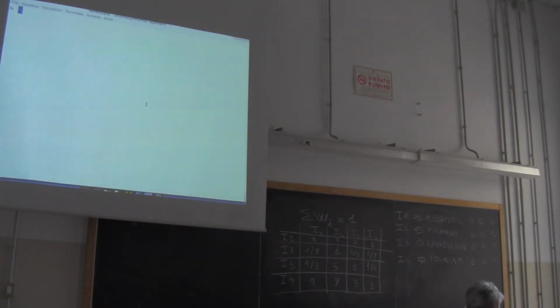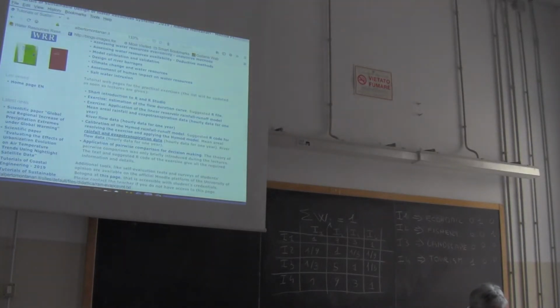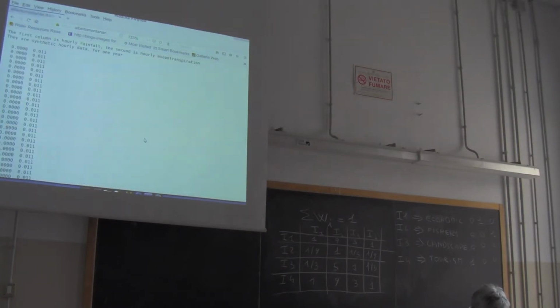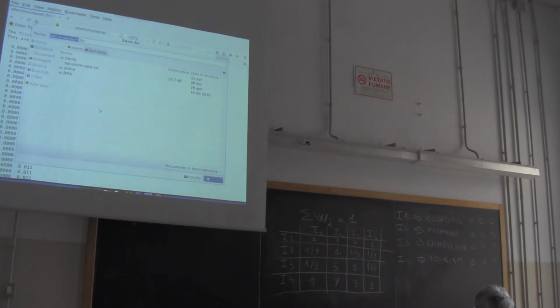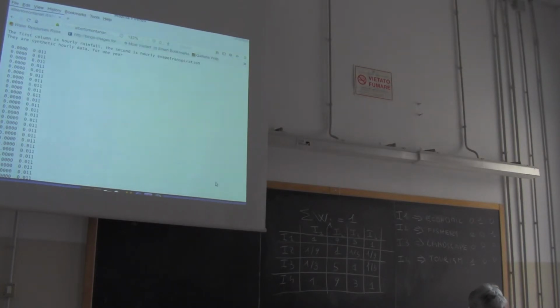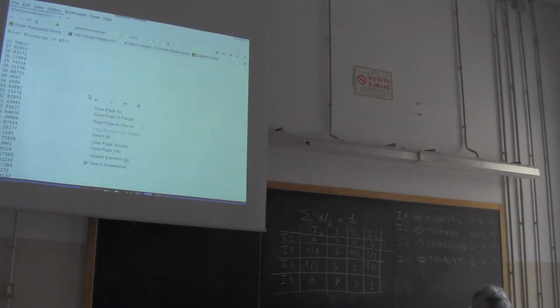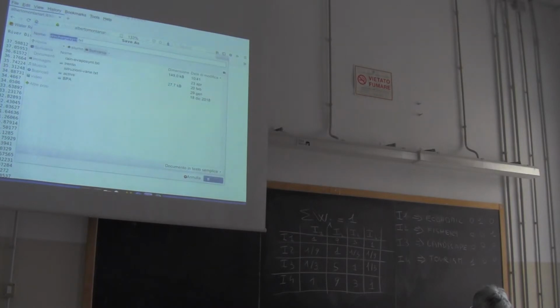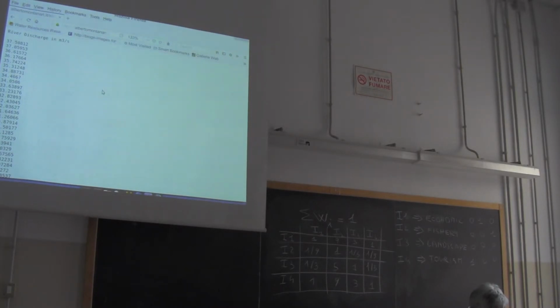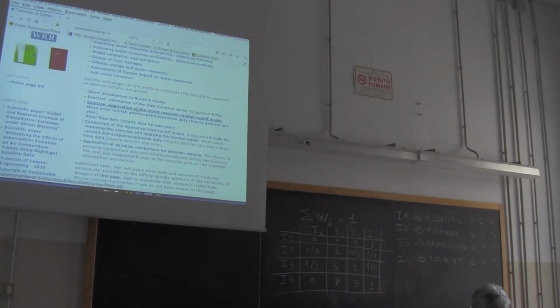No, I have to download the data, just 1 second. So let me download the data, which is rainfall and evapotranspiration data, okay? And the saved page is here. This is downloaded. Perfect. Now I am ready to go back to my exercise.